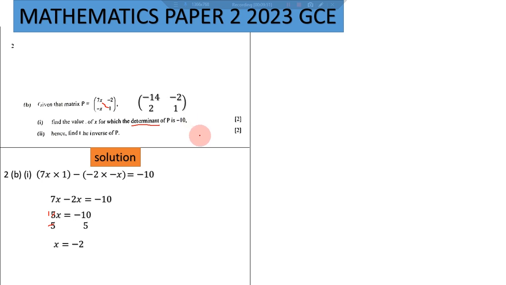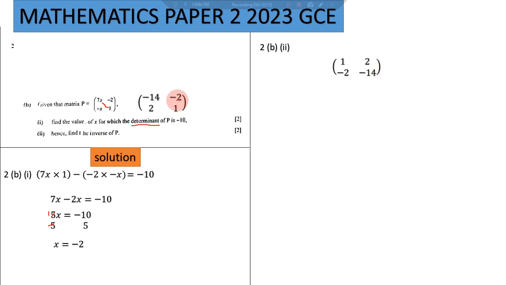So finding the inverse of P, we are going to first of all write down the adjoint matrix. If you can see, there's some slight difference between this one and this one here. For the adjoint matrix, we interchange the values that are in the major diagonal.